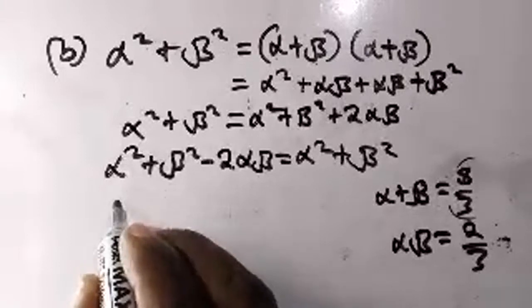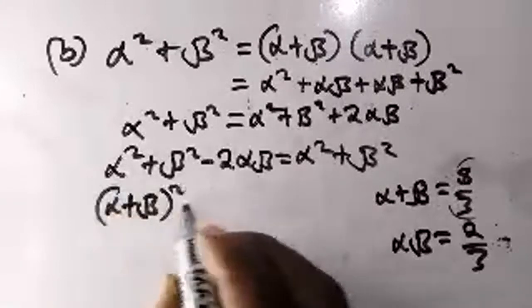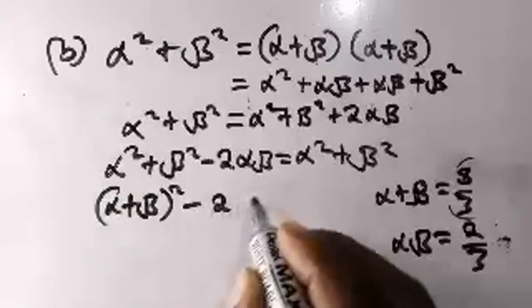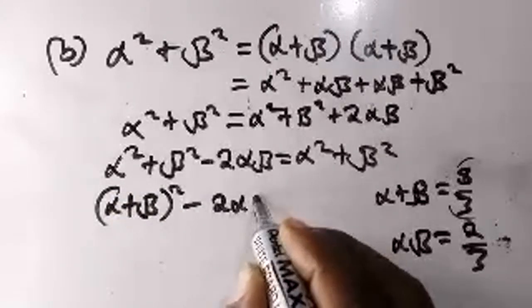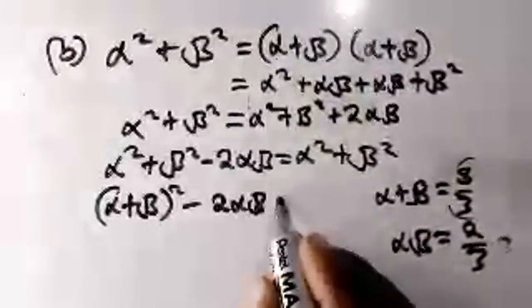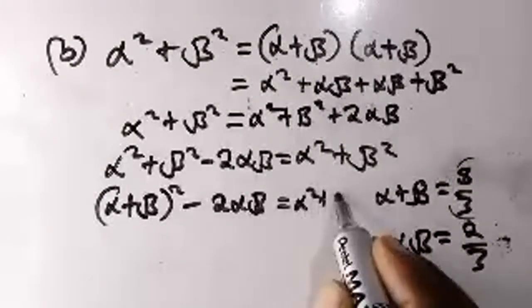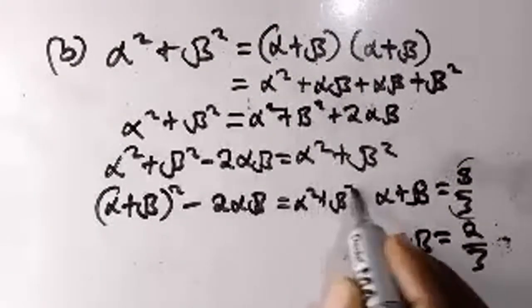So this one we can say it is alpha plus beta in the bracket squared minus 2 alpha beta, right? Which is equal to this term, which is the same as alpha squared plus beta squared, right?